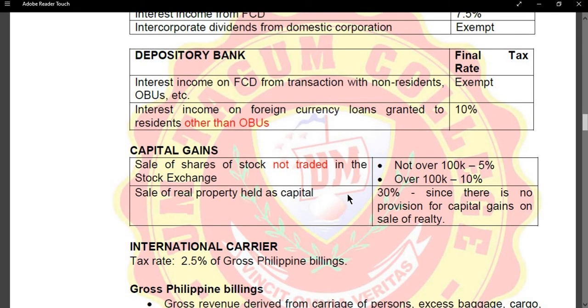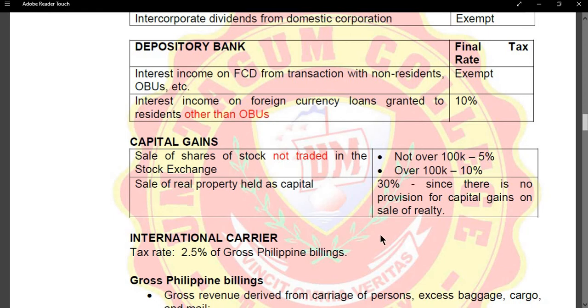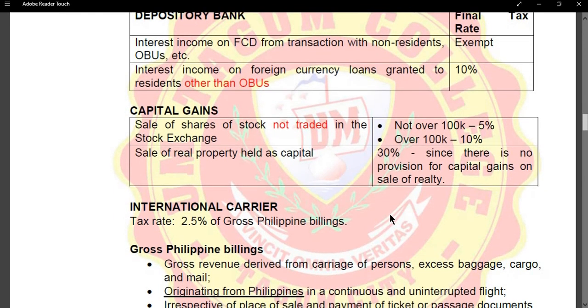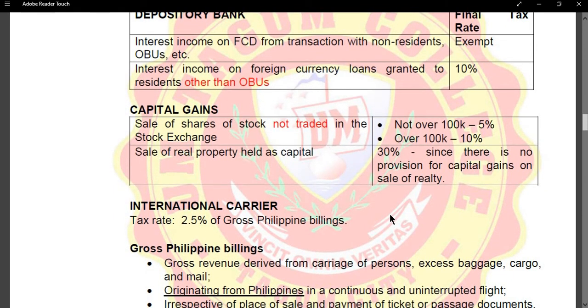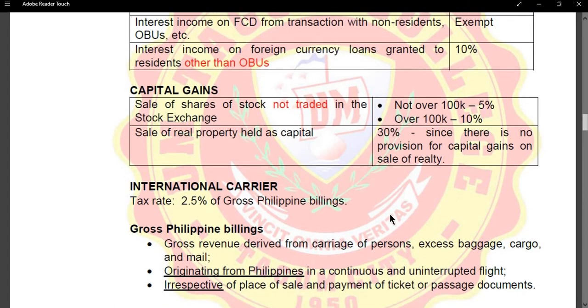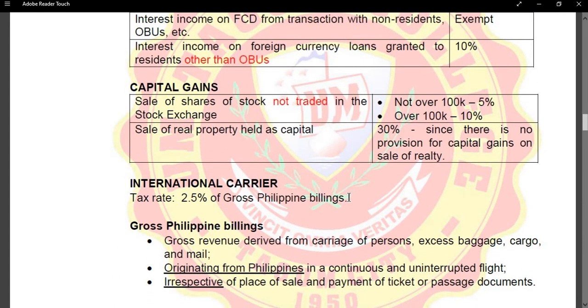So sale of real property held as capital, that's 30%, since there is no provision for capital gains on sale of realty. Okay? So for international carrier, you have a tax rate of 2.5% of gross Philippine billings.